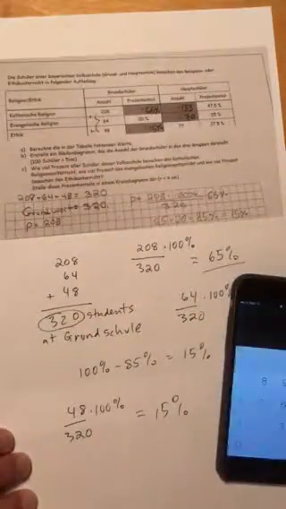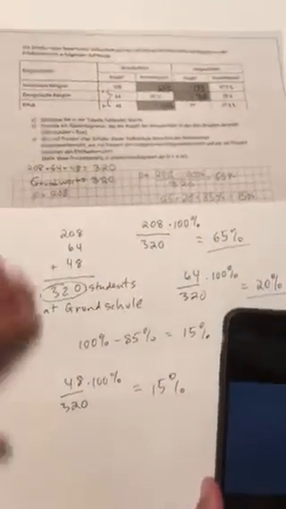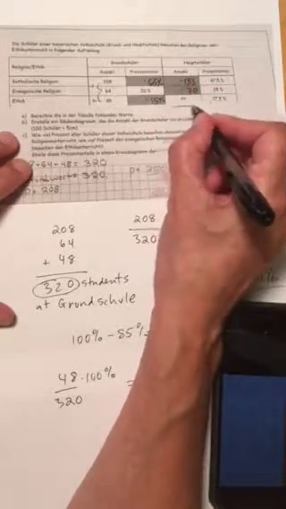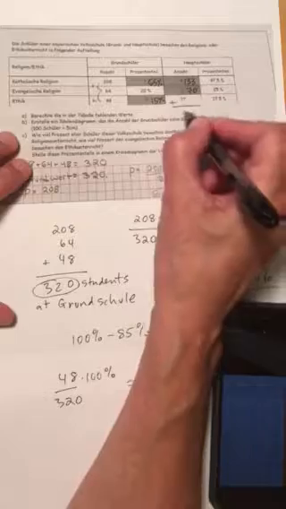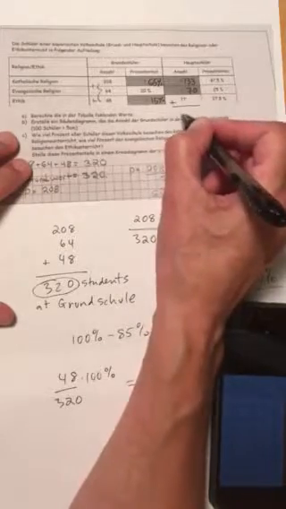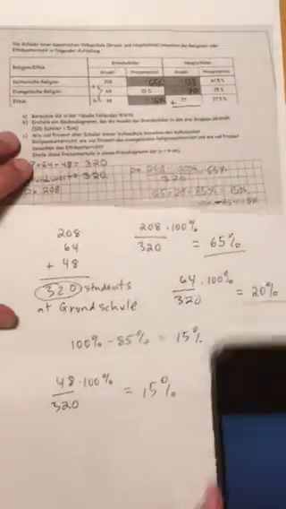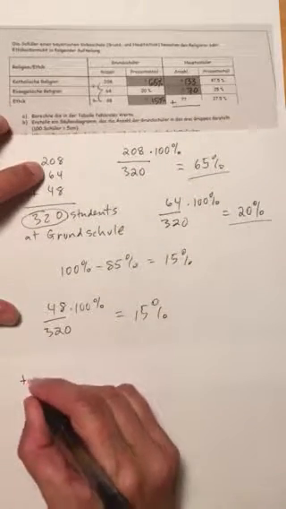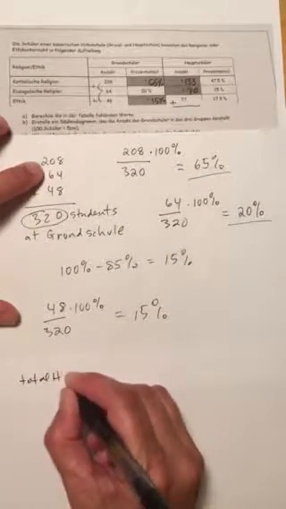So now what we would say is, well, if we knew what this total was, let's call it total Hauptschule.